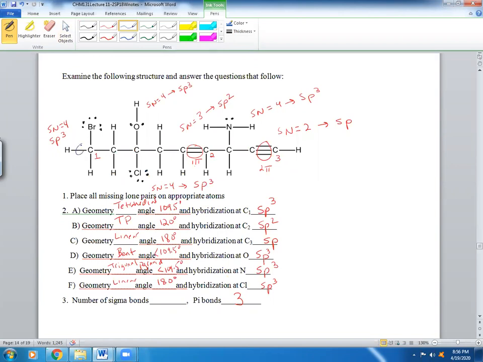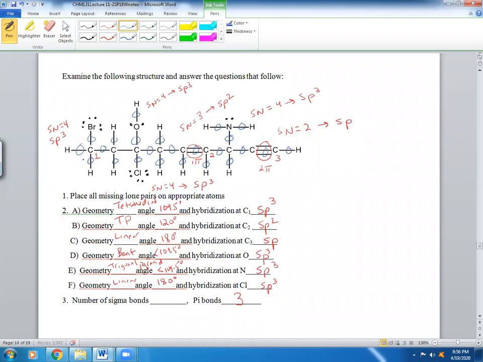So here's 1, 2, 3, 4, 5, 6, 7, 8, 9, 10, 11, 12, 13, 14. There's a sigma bond in here. So we said that there's a sigma bond in there. There's also a sigma bond in there, and there's 1.